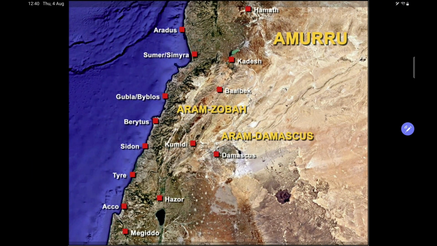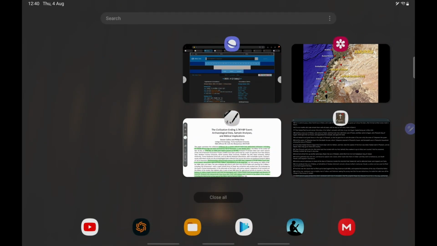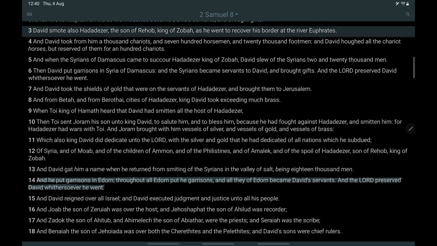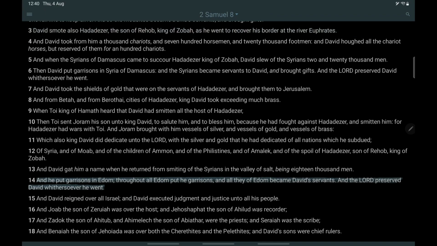During King David's reign, he came up against Hadadezer, which we can read about in 2 Samuel chapter 8 verses 3 to 8. David smote also Hadadezer, the son of Rehob, king of Zobah, as he went to recover his border at the river Euphrates. And David took from him 1,000 chariots, and 700 horsemen, and 20,000 footmen.